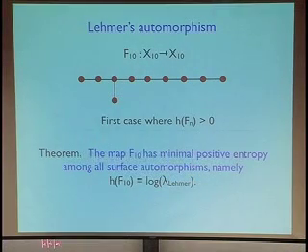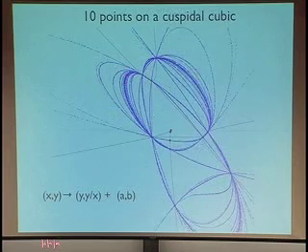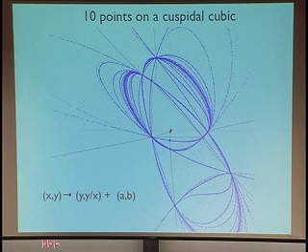So let me finish by just showing you a little bit about how this gadget works. How do you construct this very special blow-up? Well, in fact, this map was first found numerically by Bedford and Kim. And for some reason, I thought it would be interesting to check if the 10 points they blow up lie on a cubic curve in the plane.